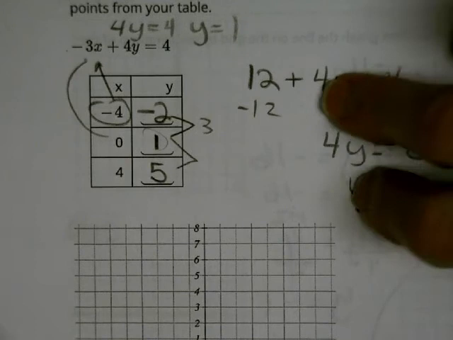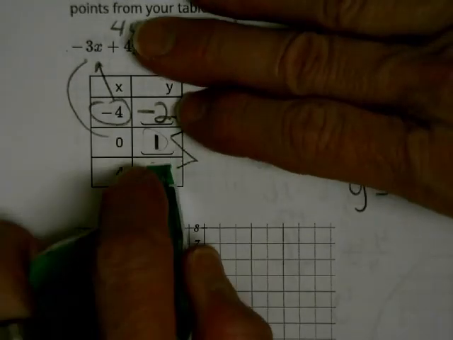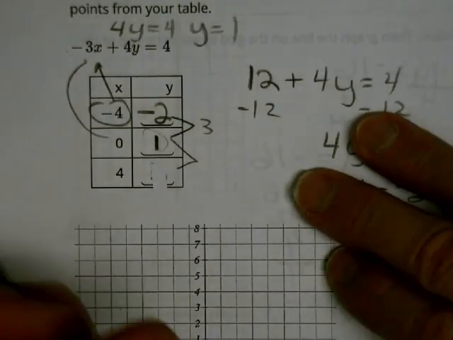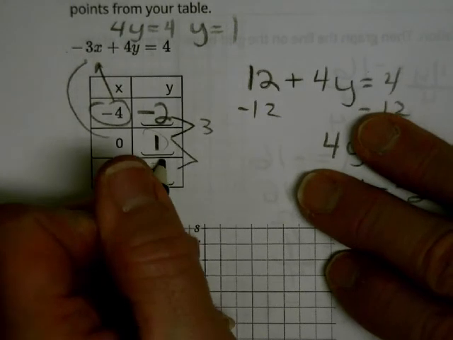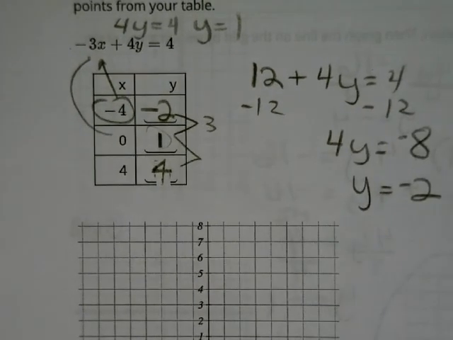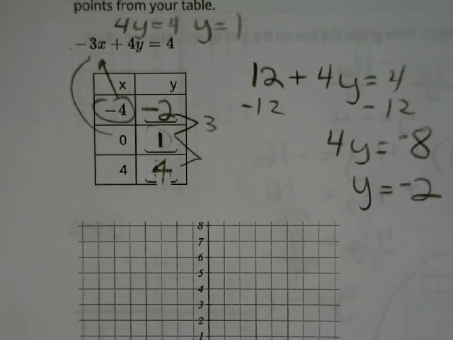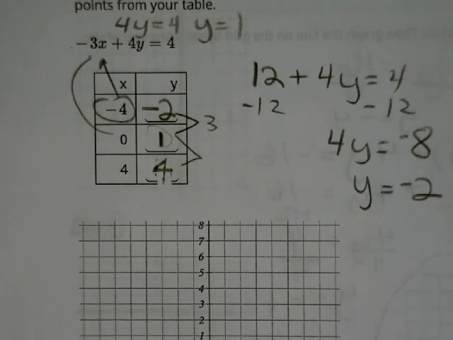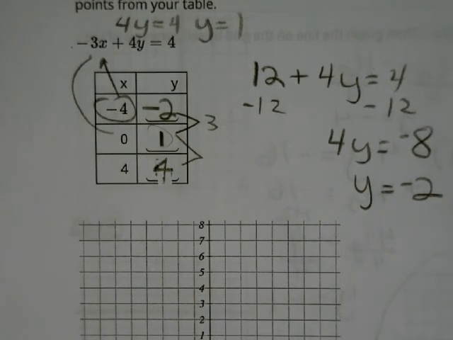So y is 1. And you see how these went up 3? You can just add 3 to the next one like this. You can just add 3 to the next one, and, 4. You could skip the, that should be a 4, sorry. Okay. Add 3 to get 4.